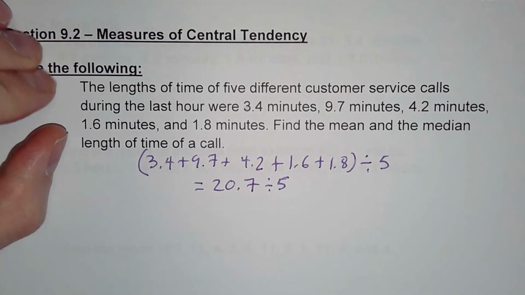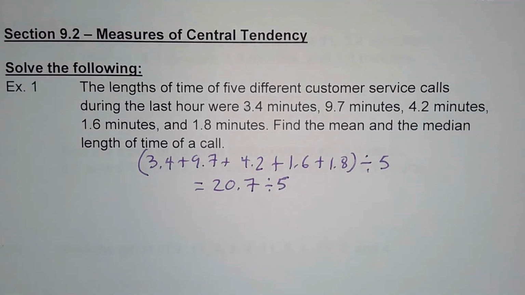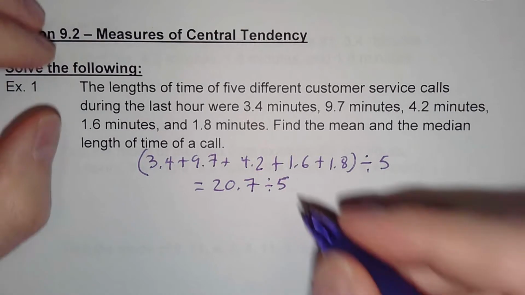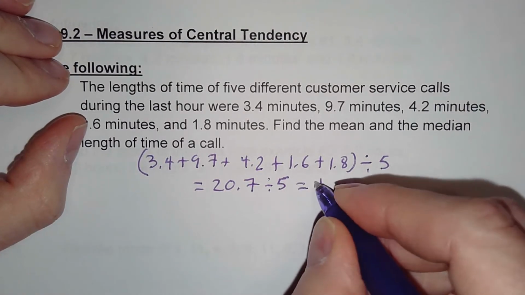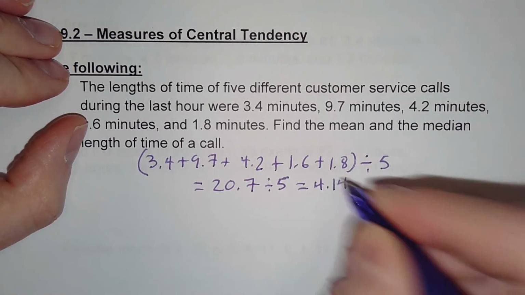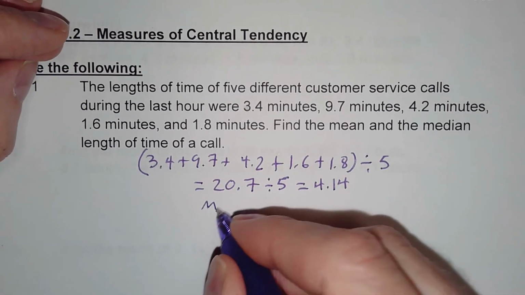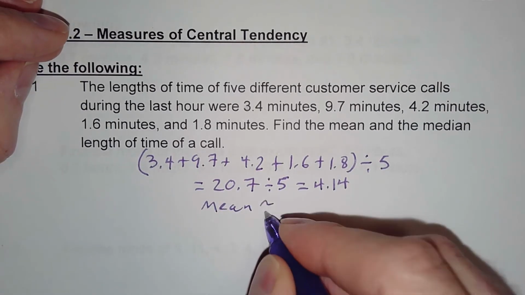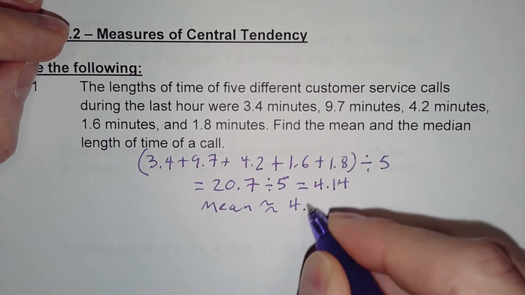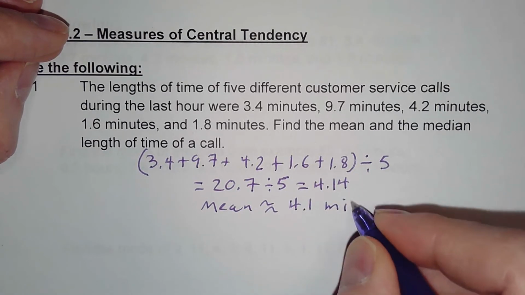Go ahead and divide by 5. That gives you 4.14. Let's round it off to the nearest tenth. So we say the mean here is approximately 4.1 minutes.